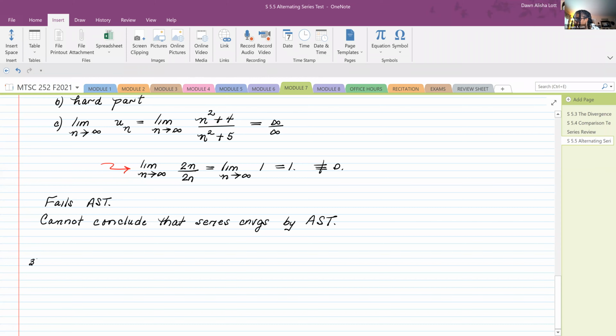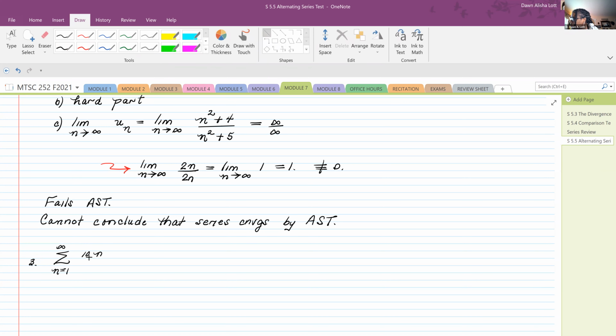Okay, number 3 is another type of problem. So if I look at the sum from n equals 1 to infinity of 10n over n squared plus 1.